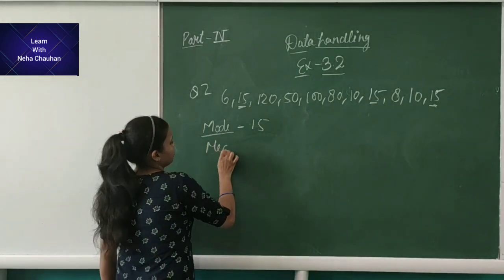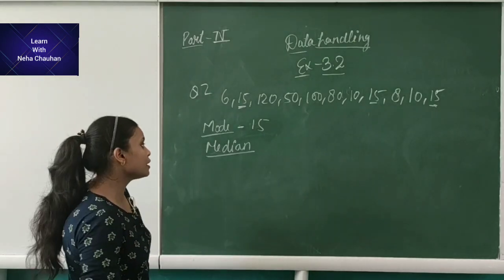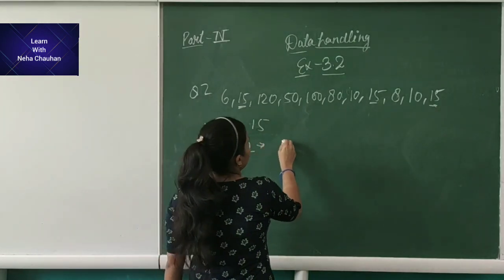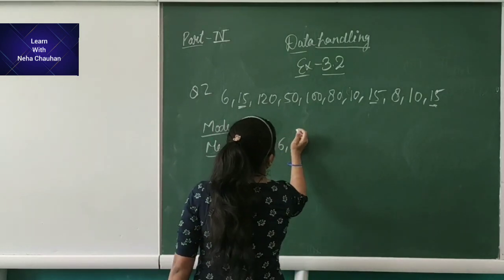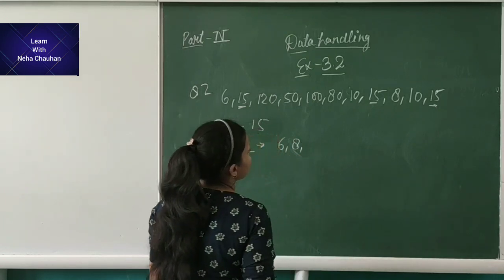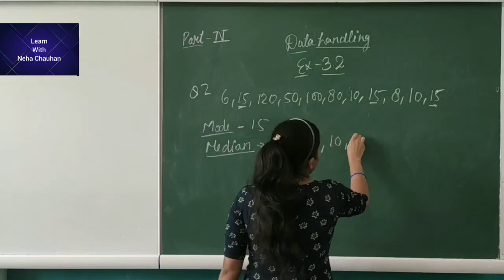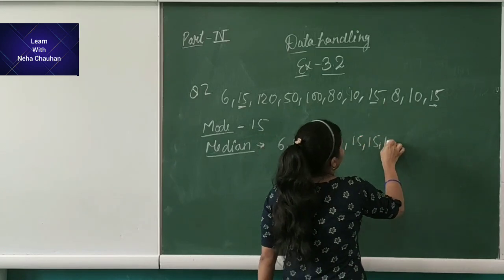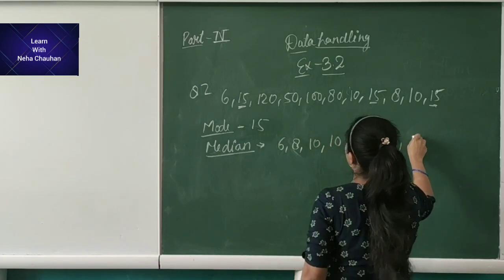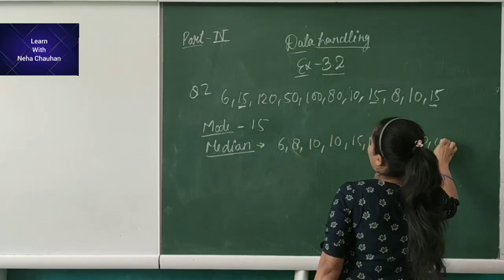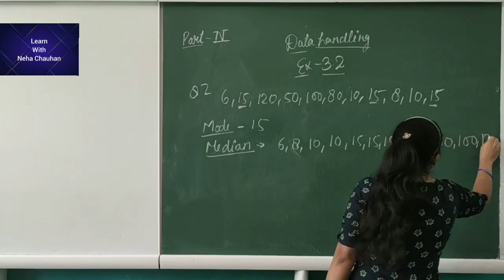Now the median. For the median we have to arrange this data in ascending order: 6, 8, 10, 10 for 2 times, 15, 15, 15 for 3 times, then 50, 80, 100 and 120.